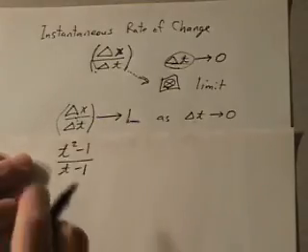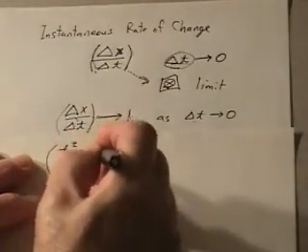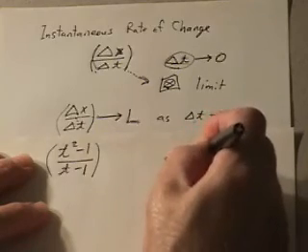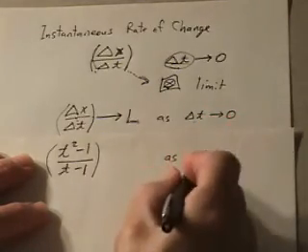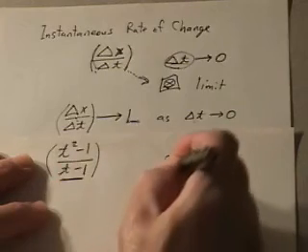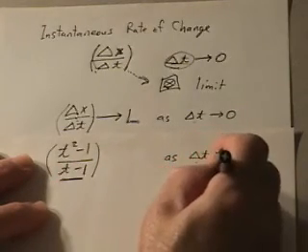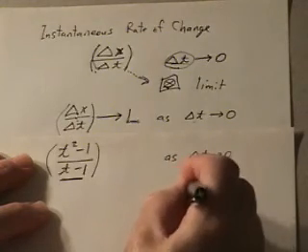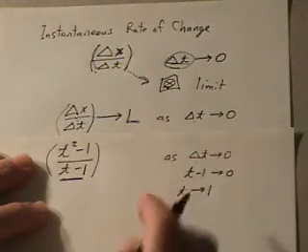And so the question is, what happens to this thing as the change in t goes to 0? Well, the change in t in this problem is this t minus 1. So t minus 1 is going to 0. So this really means that t is getting closer and closer to 1.